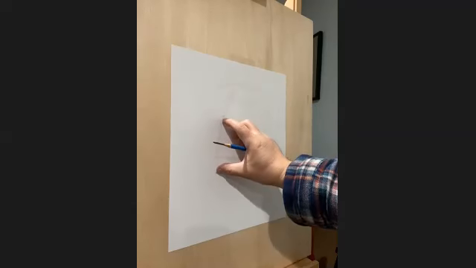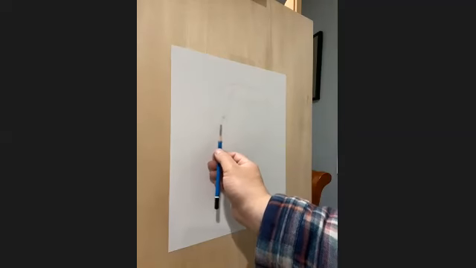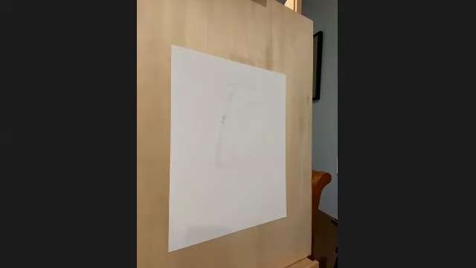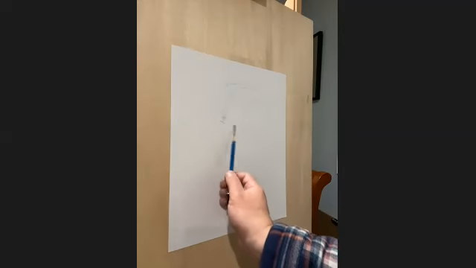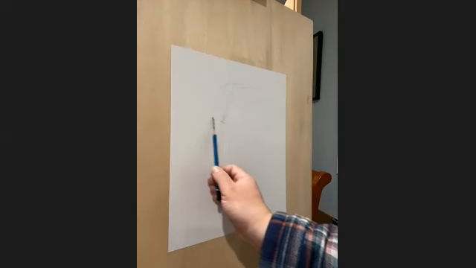So I see that this is too high, so this spot needs to be lower, like here, and then you can draw the eye level.